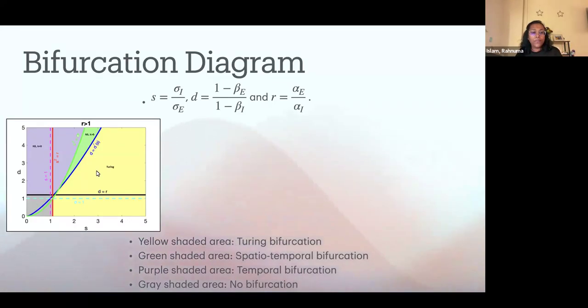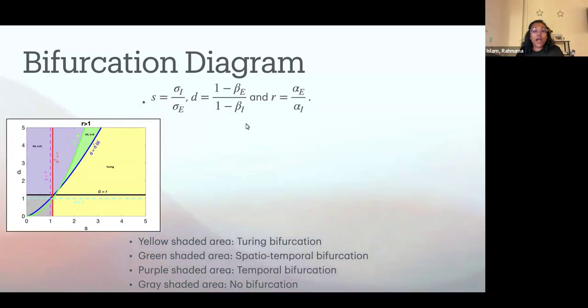As you can see here, for Turing bifurcation, this yellow shaded area occurs only when S is greater than 1. D could be any value. For the spatiotemporal, this green shaded area occurs when D is greater than 1. That means beta I is greater than beta E. And the same thing is also true for the temporal bifurcation, that D has to be greater than 1.